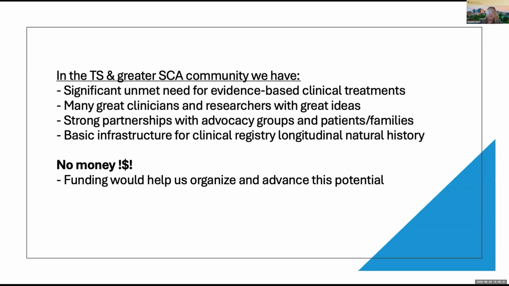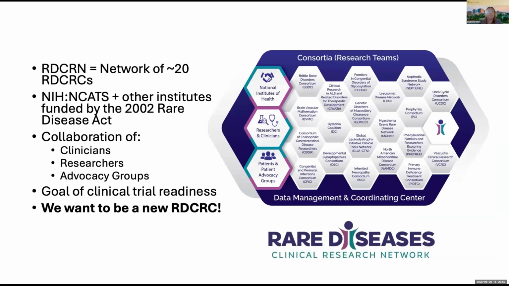And we also have a basic infrastructure with a clinical research longitudinal registry to collect natural history data for these conditions. However, we do not have a lot of money, and funding would help us really organize and advance the research potential and potential for treatments in these conditions on a broader scale.